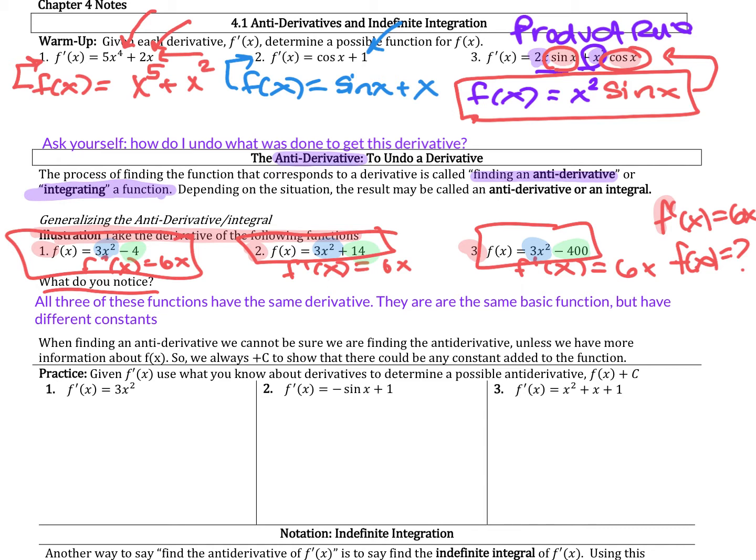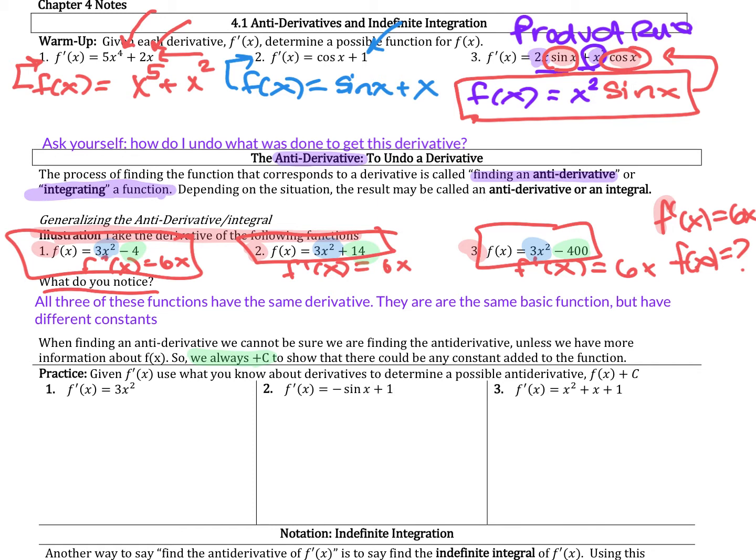So here we just saw 3 examples. And how we do that is by using something to hold the place of what that constant is. So when we're finding an antiderivative, because we can't be sure about a constant, we include a plus c afterwards to show that there could be a constant added to that function.